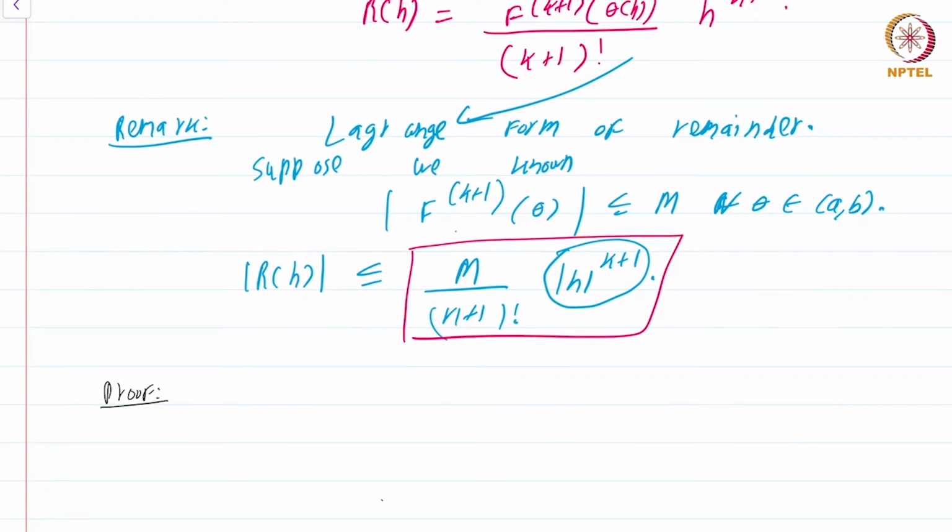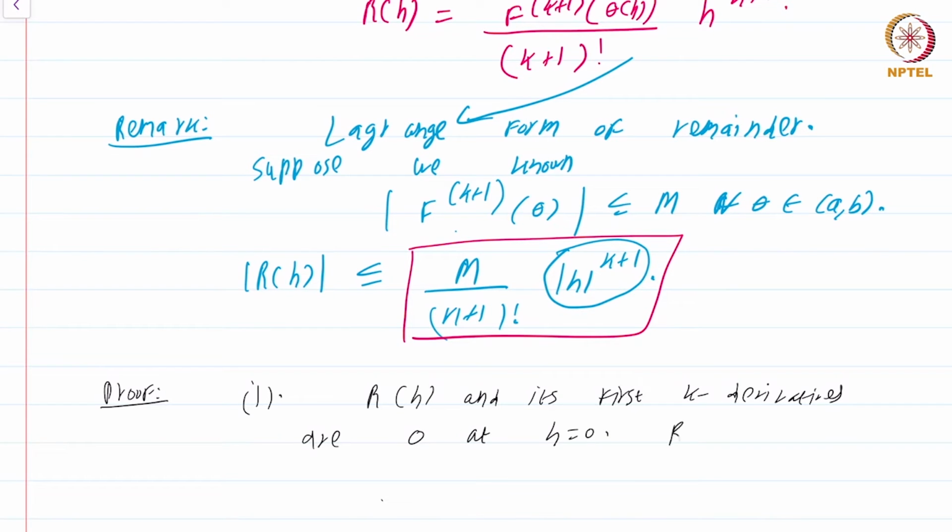Let's first start with the first part. We already know that R of h and its first k derivatives are 0 at h equal to 0.